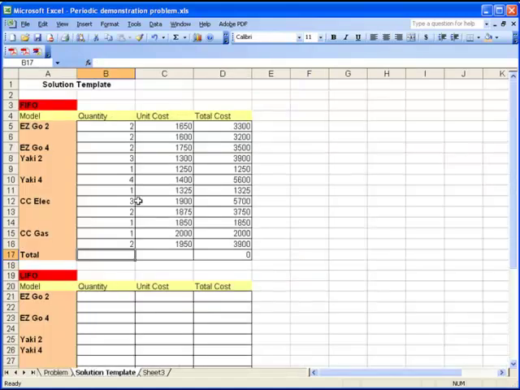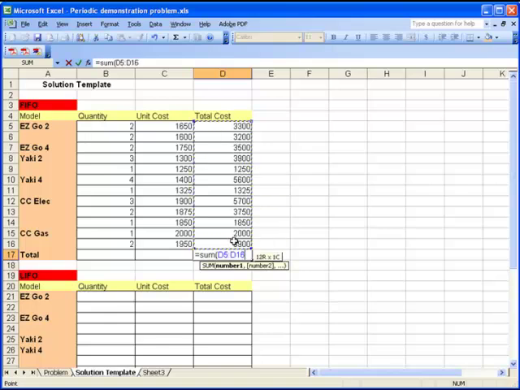So we have now valued our remaining inventory for each of the models, and to get our total value of inventory, we build another formula and sum these numbers. Our total ending inventory value under the FIFO method is $39,275.